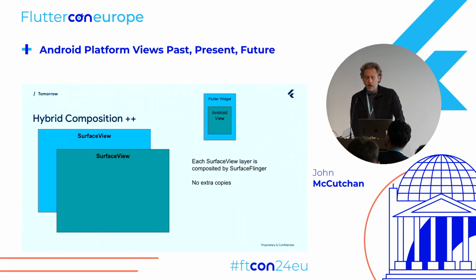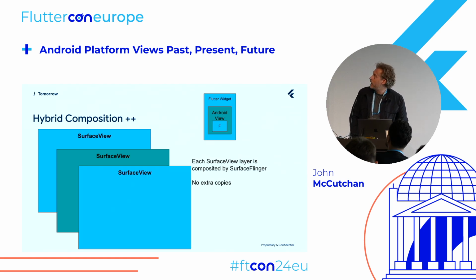So now we get to hybrid composition plus. This is built on some new APIs that Android is adding in 34 and some in 35 and then some in 36, which allows us to use hybrid composition where everything is on the screen as it should be and is handled by Android correctly, but keep the Flutter content in a surface view and have essentially a layer cake of surface views.